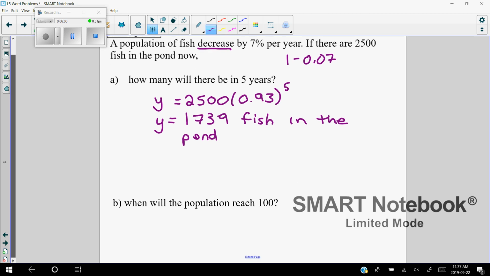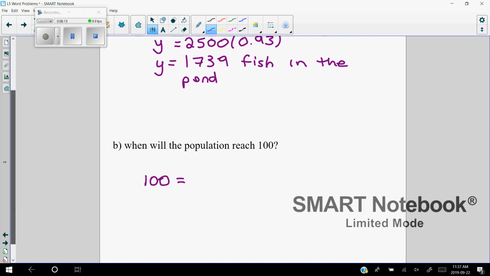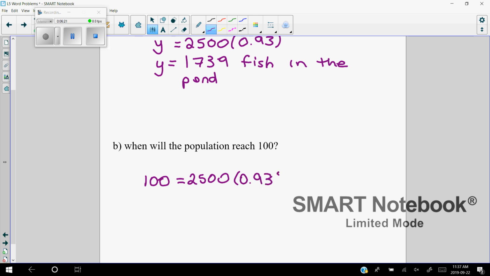Okay, next one. When will the population reach 100? I'm going to be using that same formula. However, now I know my final amount. I know that this is 100 equals 2,500 times 0.93, and I'm trying to solve for t.